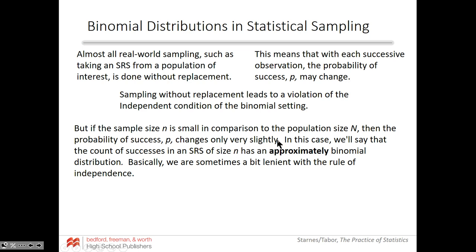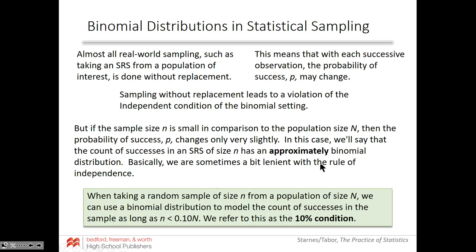So in this case, we'll say that the count of successes in an SRS of size n has an approximately binomial distribution. So in other words, we're kind of being a little lenient with our rule of independence. We don't totally have independence, but if that population size is really, really big compared to the sample size, we're just being kind of lenient.